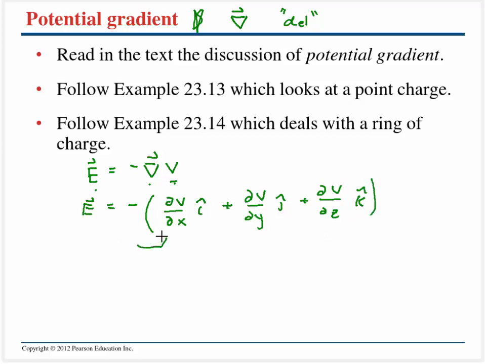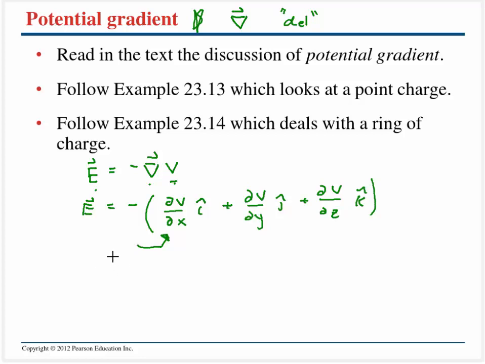With these partial derivatives, we're taking a derivative with respect to x and holding all other variables constant. So if there is a y in our expression for voltage, we treat that as a constant and we only take derivatives with respect to x.